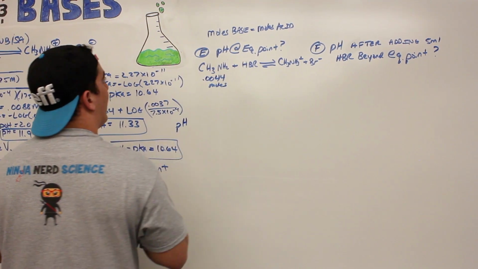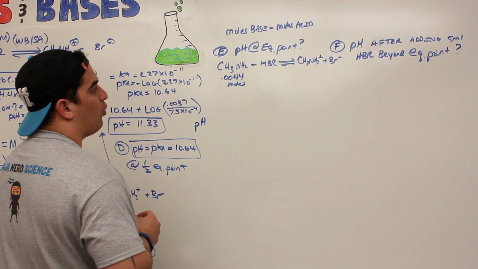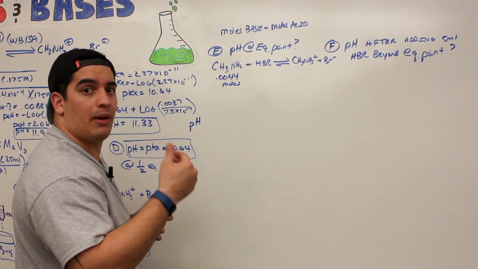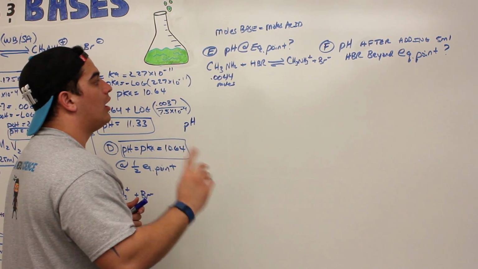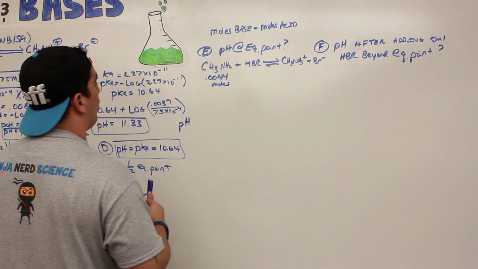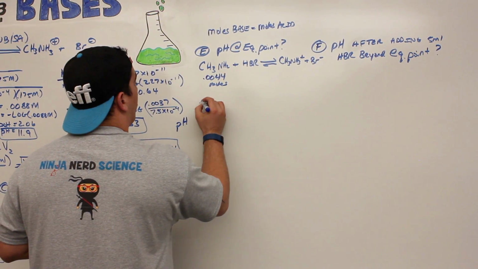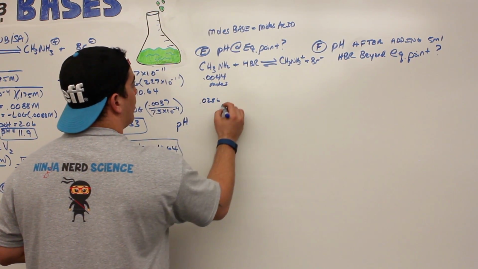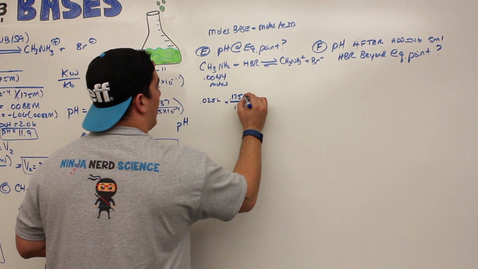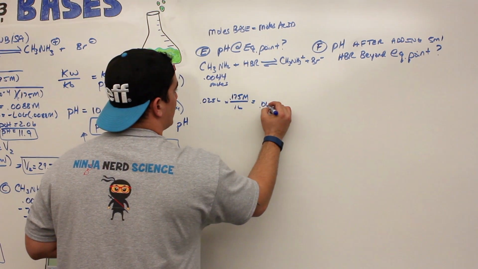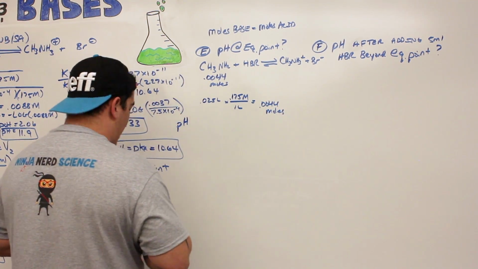If you don't remember how I got that, I took the volume of our methylamine, which is 25 milliliters, divided it by 1,000 to get 0.025 liters, and then I multiplied it by the molarity, which was 0.175. So again, 0.025 liters times 0.175 molarity, and I get 0.0044 moles. Okay, so that's how I got that one.